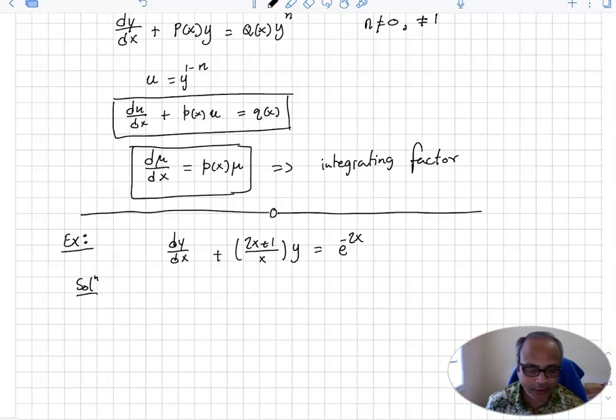We don't call this a Bernoulli equation at first, but eventually it is one, because on the right hand side we have y to the power n, and n is 0. So this is already in the linear form.